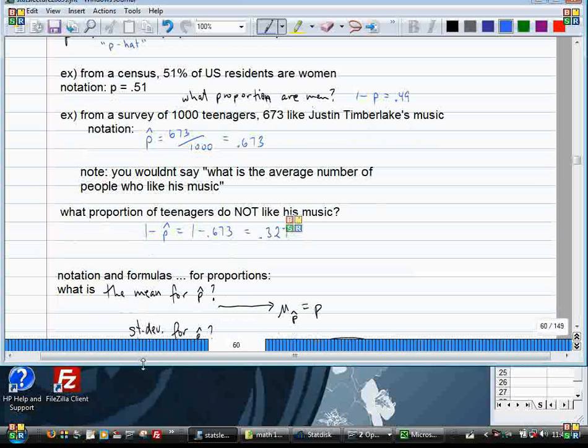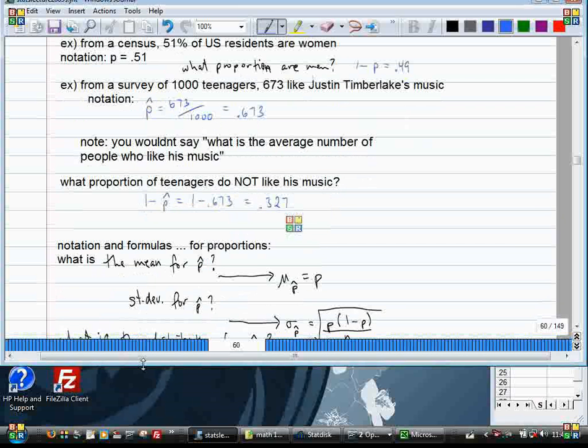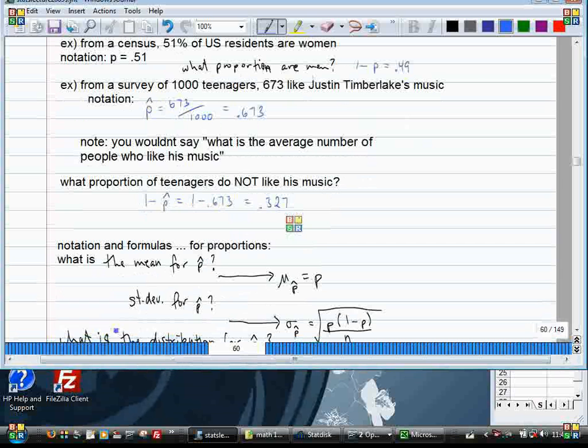For p hat. Okay. Now, the way we write down stuff is different, so the formula is different. And there it is. Sigma for p hat is take p times 1 minus p over n, and then square root the whole thing.